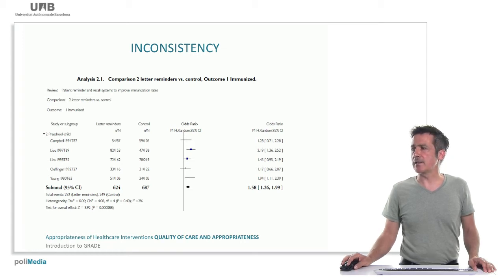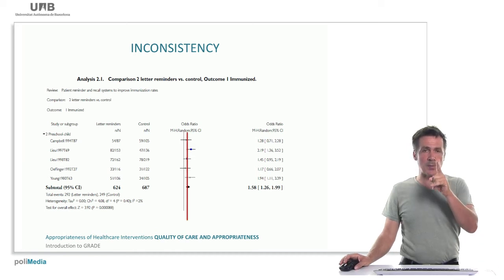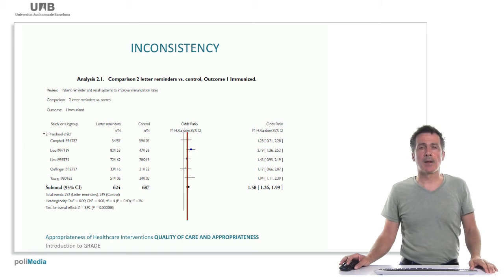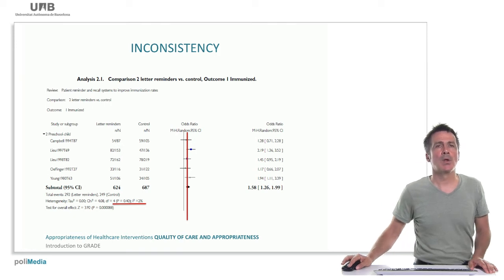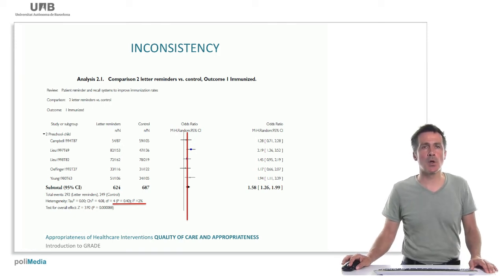Okay, in this case, as we can see, the effects are pretty much aligned. The confidence intervals are overlapping. And if we look at the statistical test, the p-value and the I-square tell us that the results are highly consistent. So no reason to downgrade or to lower our confidence in the result in this case.